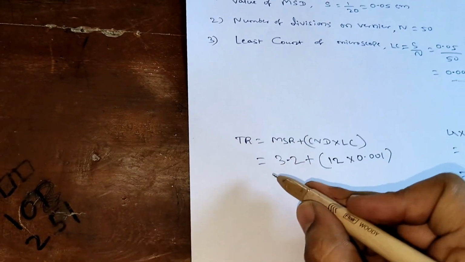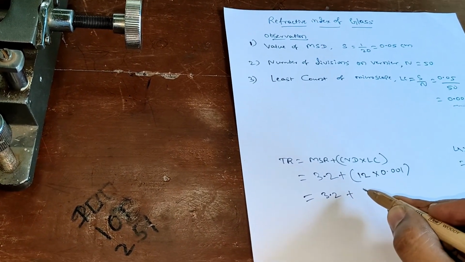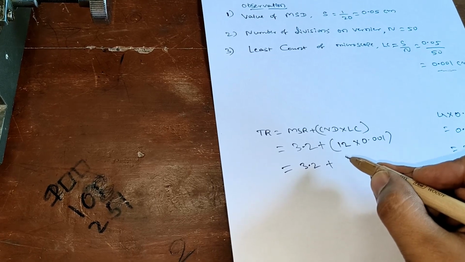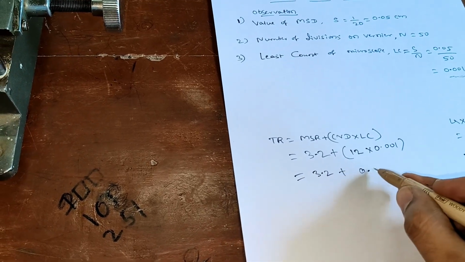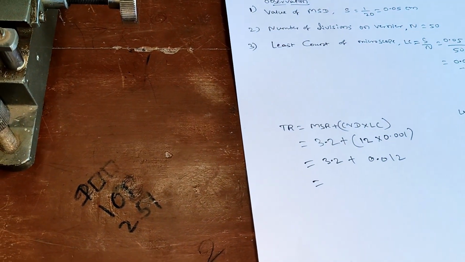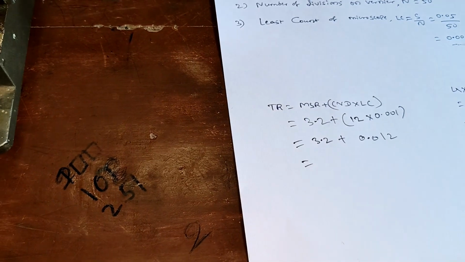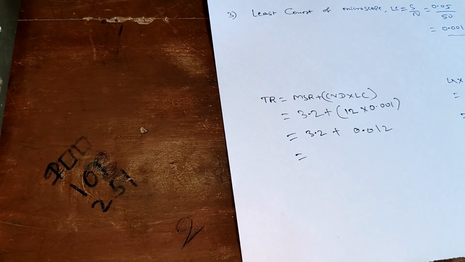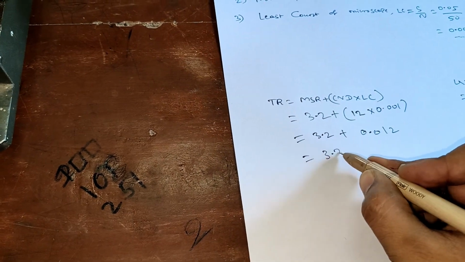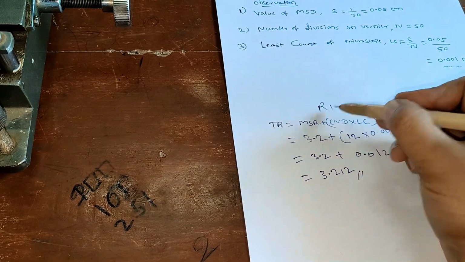Now simplifying, 3.2 as it is plus 12 into 0.001, that becomes 0.012. Adding 3.2 and 0.012 becomes 3.212. This is the total reading for R1.